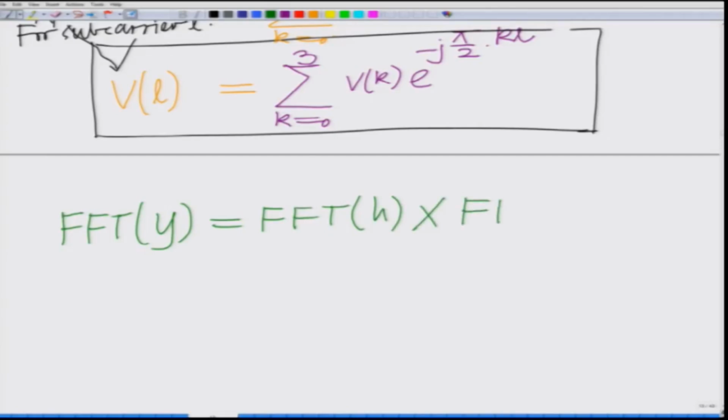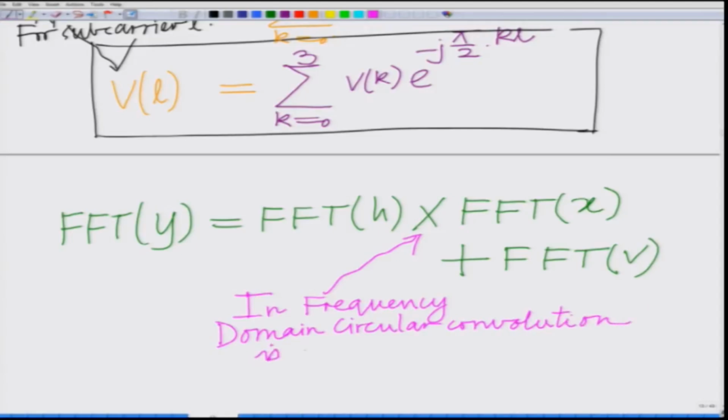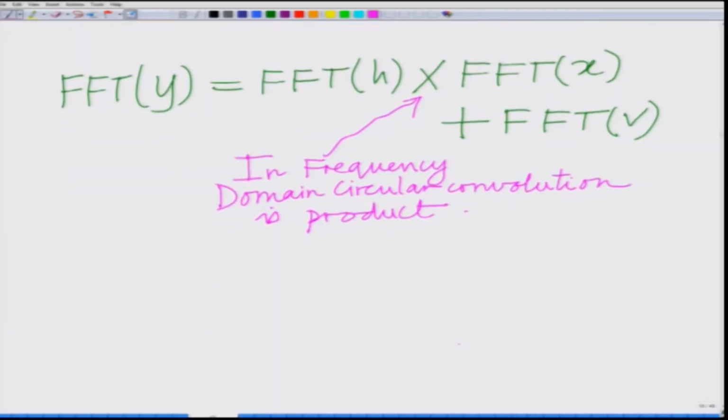It is important to remember that in the frequency domain it is simply a product, because circular convolution becomes a product. It is the product of the corresponding frequency components across each subcarrier.